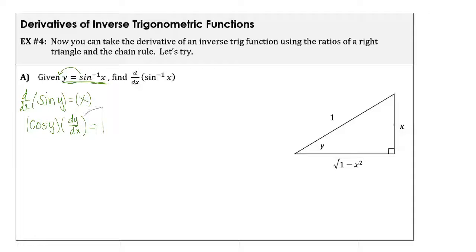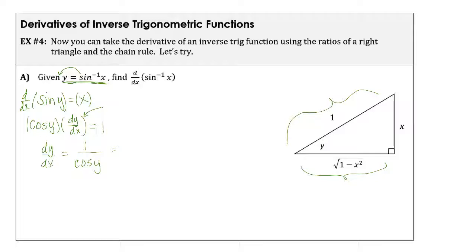And again, we're solving for that derivative, dy dx. Well, that's going to be 1 over cosine of y. If you look at your triangle, cosine is your adjacent over your hypotenuse. So adjacent is going to be here, hypotenuse is going to be here.